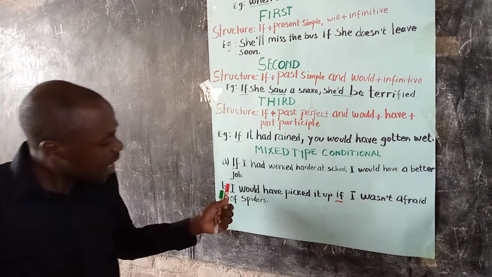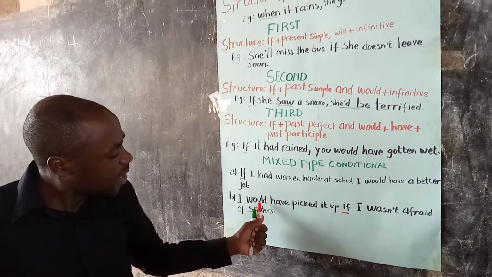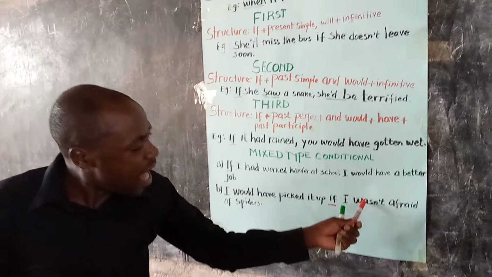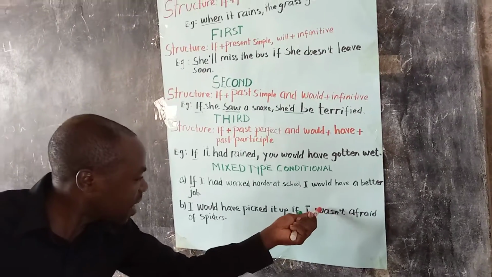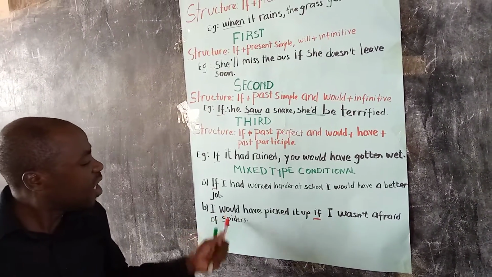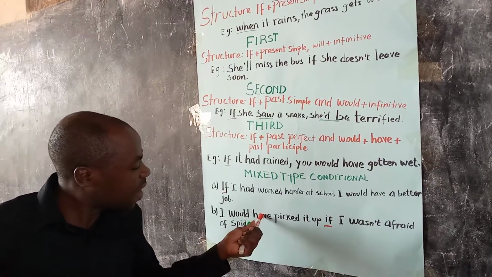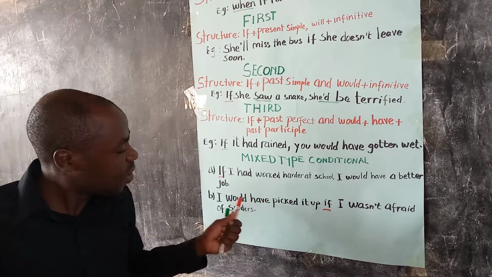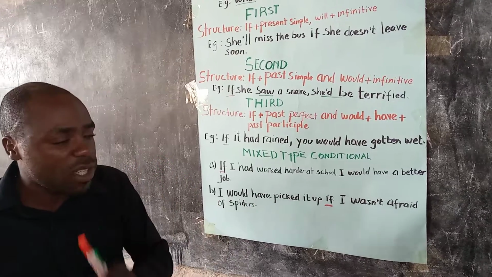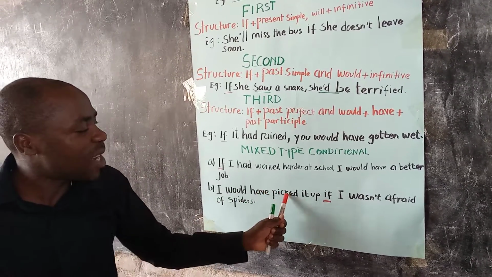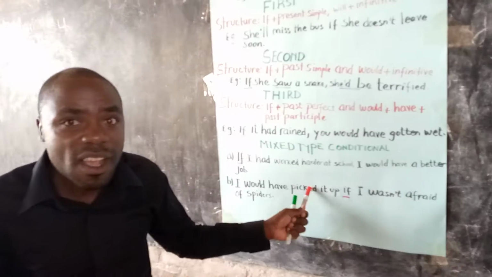Then in the second example it is past that will change to conditional perfect tense. Conditional perfect tense. It is what we say would plus have plus past participle of verb.